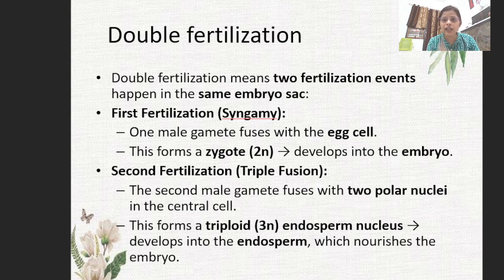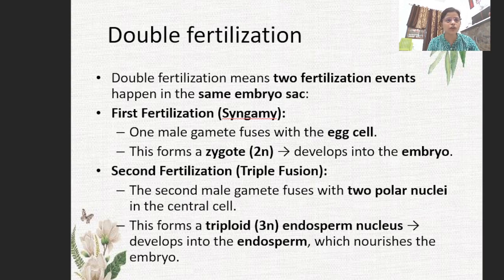Since three nuclei are fusing simultaneously, this event is also called triple fusion. So syngamy and triple fusion combined are called double fertilization. After the triple fusion we get the endosperm nucleus, which after division produces endosperm, which is a nutritive tissue. It provides nourishment to the developing embryo.